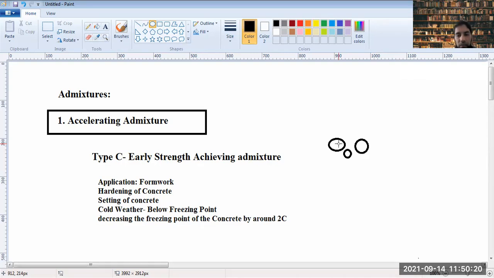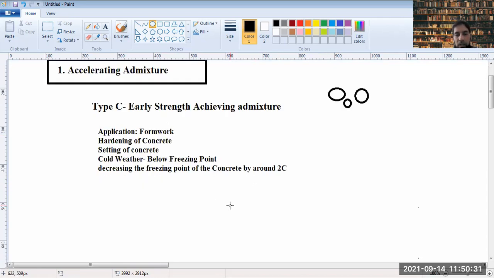So the setting will be affected, and overall, there will be crumbling of the particles that will start, and there will be cracks. So there will be honeycombing as well. So in such situations, you require an early strengthening compound, which is setting quickly, strengthening quickly, such that it does not freeze before.